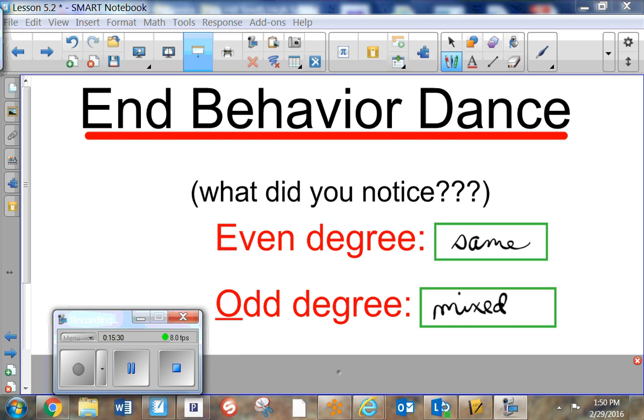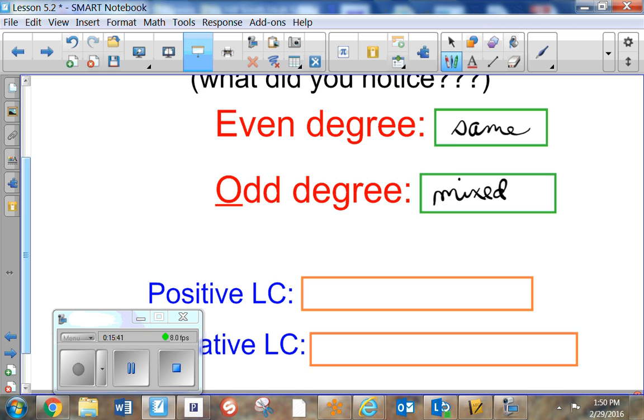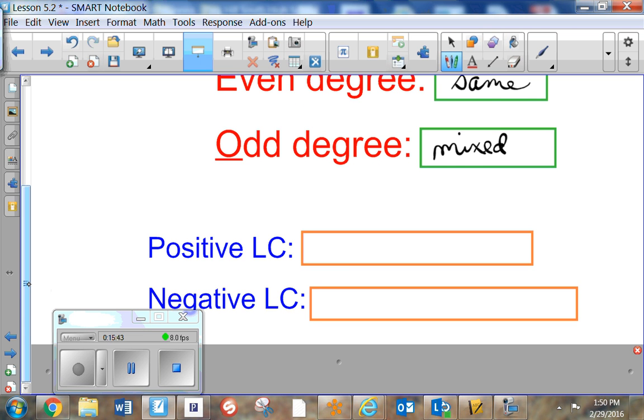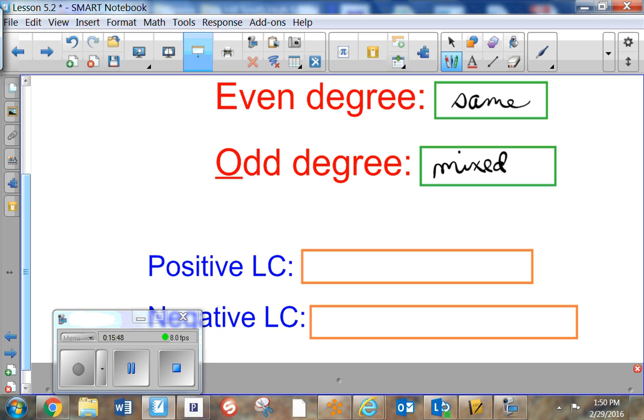Okay? So by knowing the leading coefficient and the exponent, we can get the general shape of anything we want without even using the calculator. So if it's a positive leading coefficient and even, they're going to be up, up.